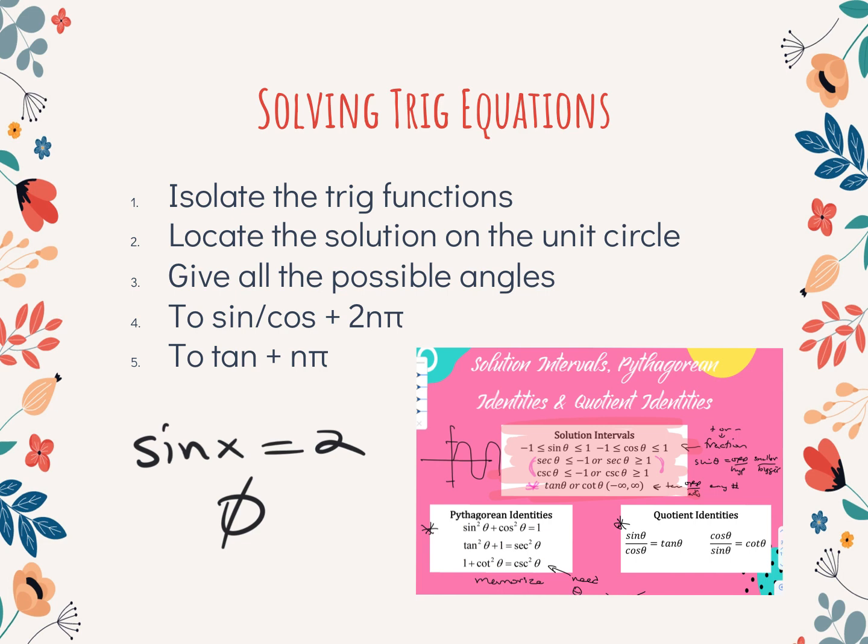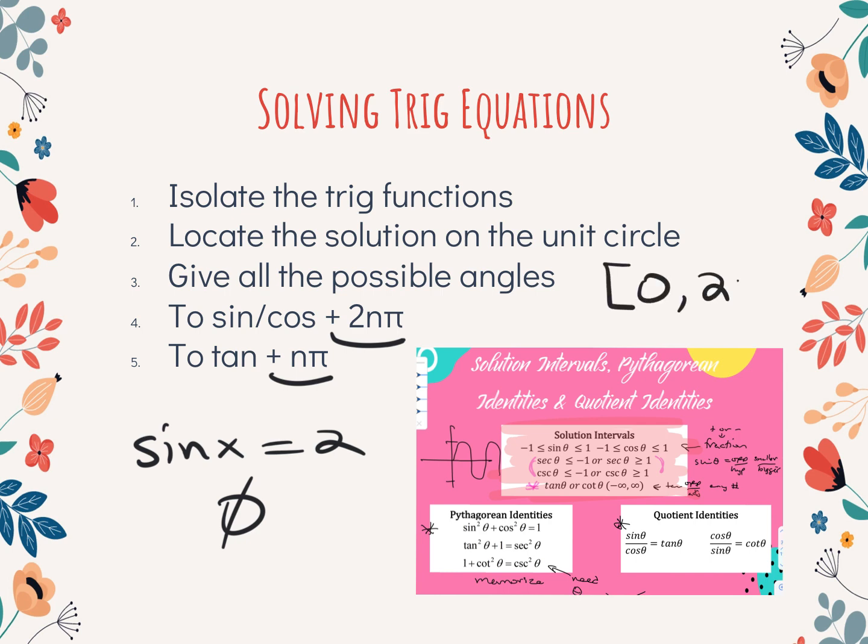Now, when it says to give all the possible angles, what you may see on a standardized test is plus 2nπ, or plus nπ for a tangent. This just means that there's an infinite number of solutions. But what we're going to be doing is restricting where we're looking for our answers to the unit circle.